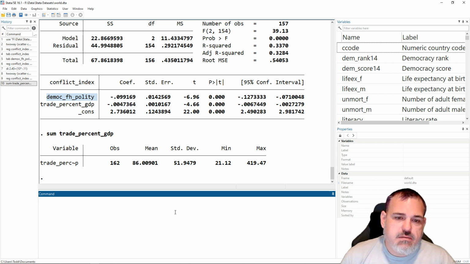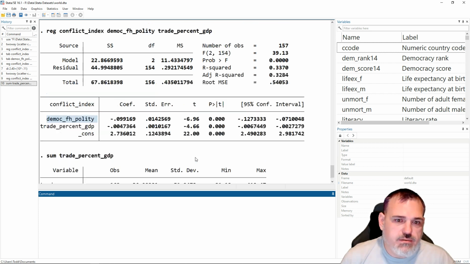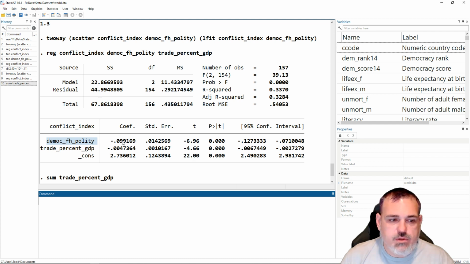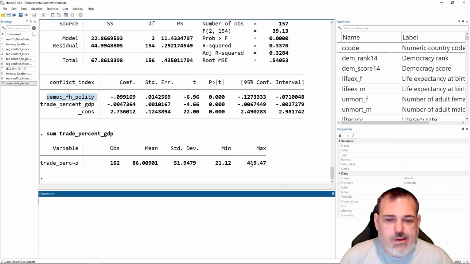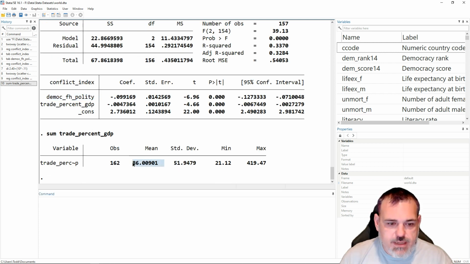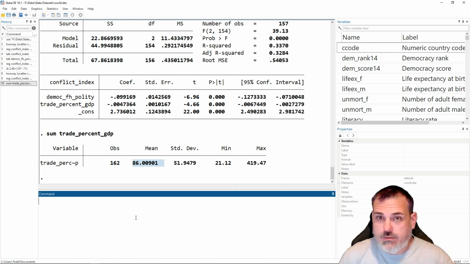So let's try to figure out the predicted value for y. Let's say, again, we'll take 10 as our polity score, so the most democratic you could be, and we'll literally take the mean for trade percent, so 86. So let's again solve for y.